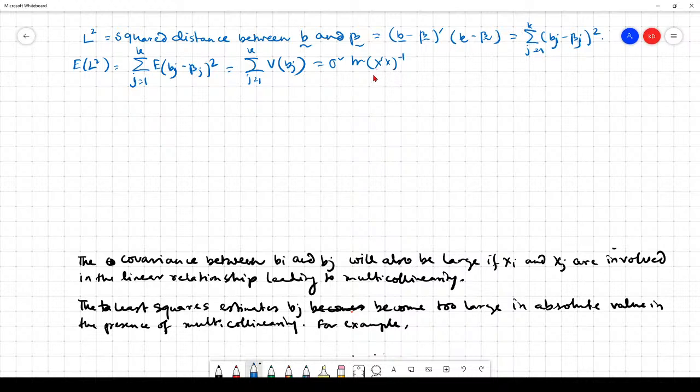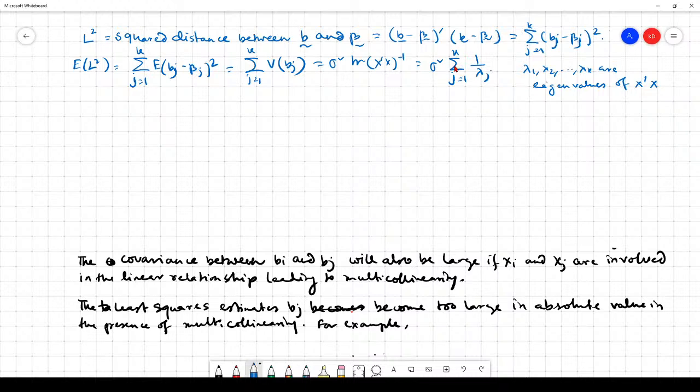Now we know the trace of a matrix is equal to the sum of the eigenvalues, and if lambda 1, lambda 2, up to lambda k are the eigenvalues of X prime X, then the eigenvalues of X prime X inverse are 1 by lambda 1, 1 by lambda 2, up to 1 by lambda k. So this is equal to sigma square times the sum over j from 1 to k of 1 by lambda j.